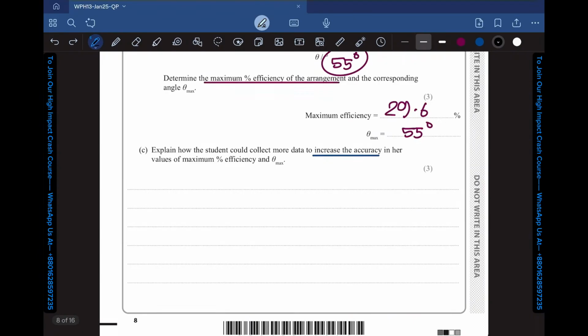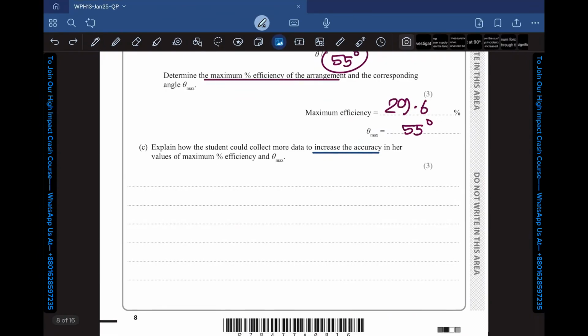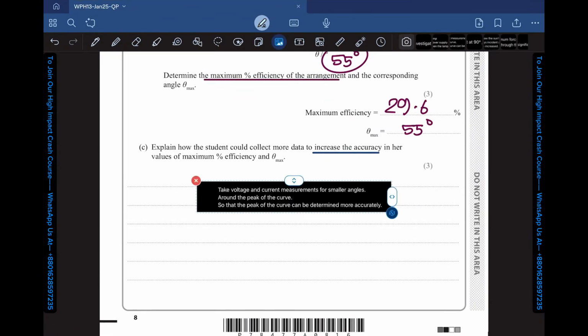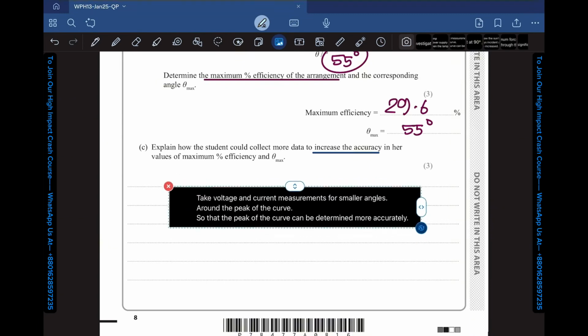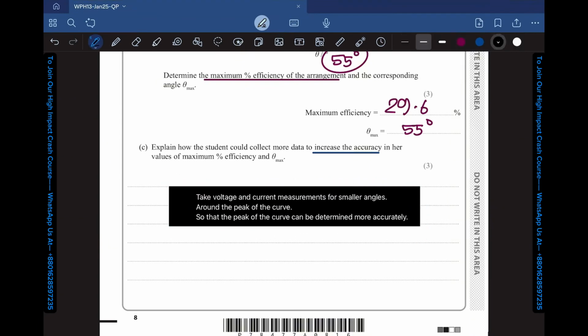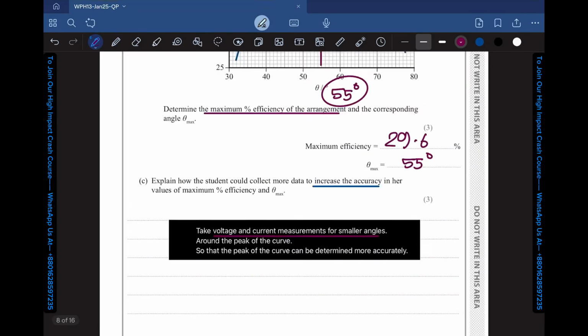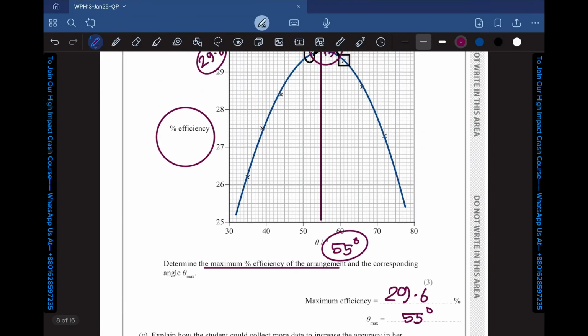Now let's have a look at the answer right here, what the answer will look like. The answer says we will take voltage and current measurements for smaller angles. Why smaller angles? Because we know 55 degrees is the angle at which the maximum efficiency has occurred.